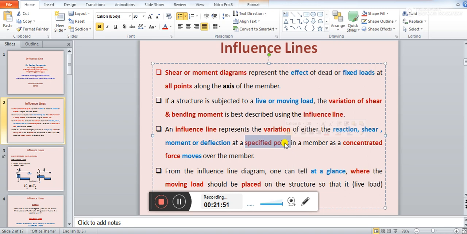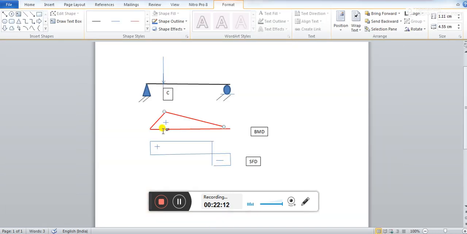And you should remember, whenever we find an influence line diagram, we will be concentrating on a concentrated force. Whenever you develop your influence line diagram, you will always develop it with a point load or concentrated load.